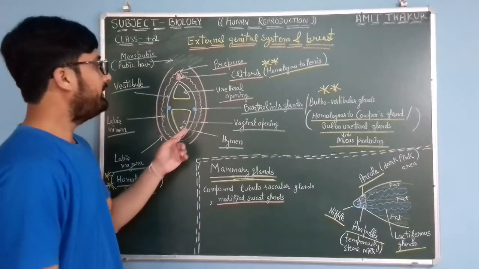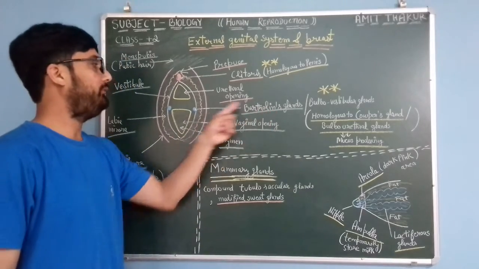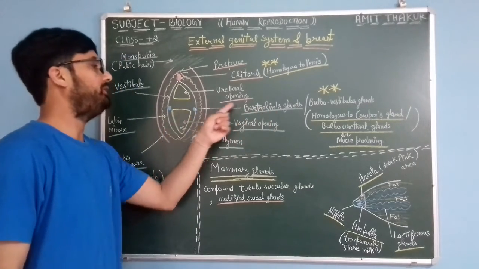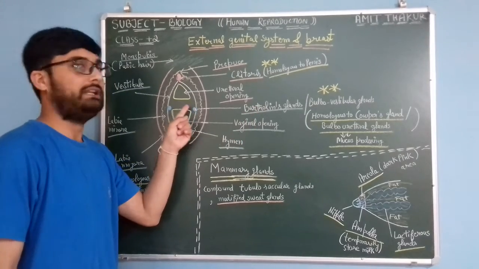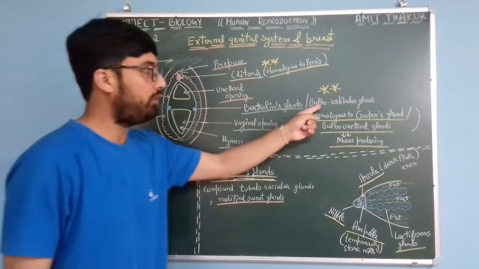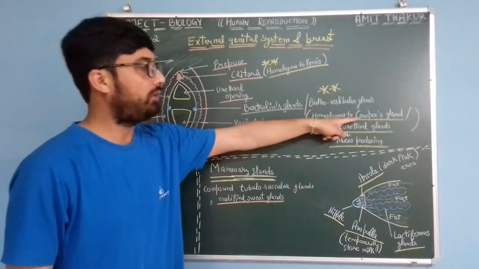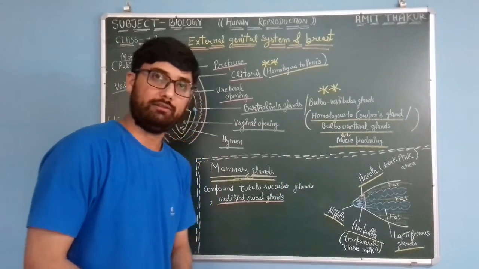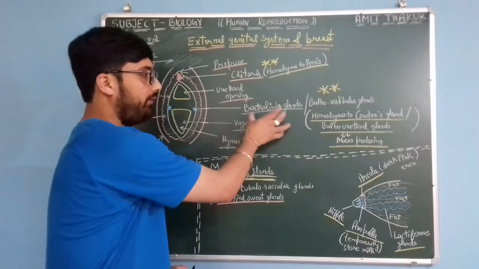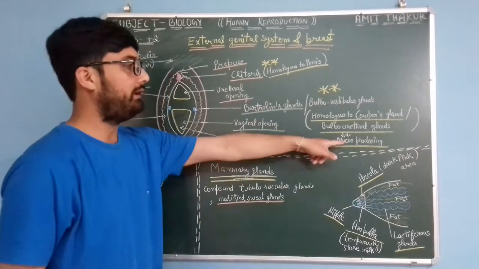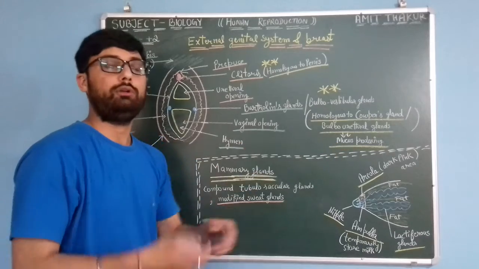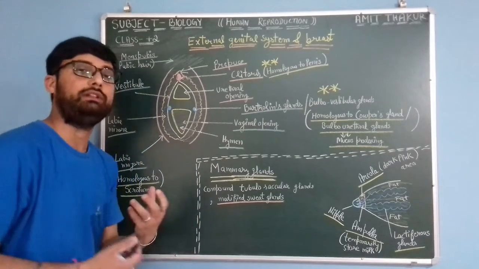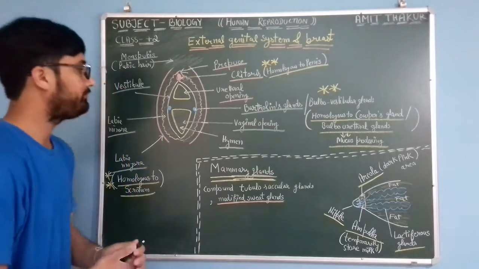So these Bartholin's glands, which are present in the female genital system, are homologous to the Cowper's glands or bulbourethral glands in males, and both share the common feature of producing mucus or a lubricating material during sexual intercourse.